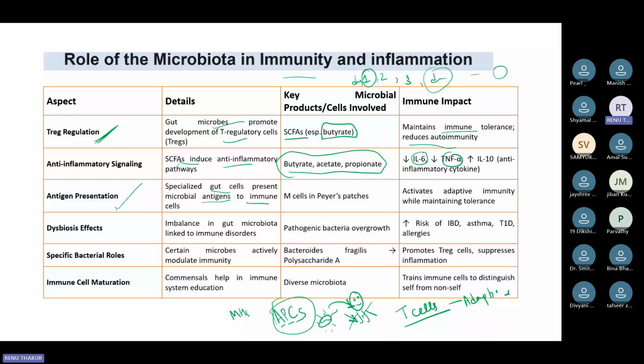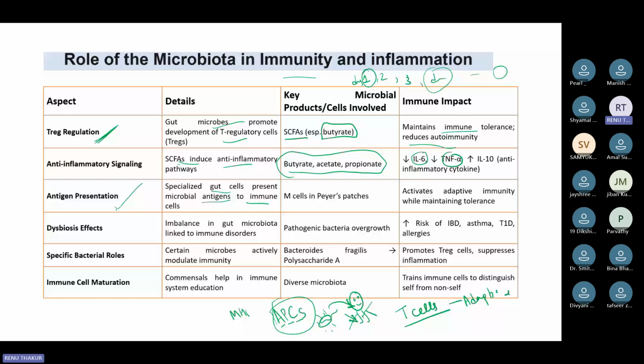Some pathogens adapt this mechanism. They somehow escape from the APCs, directly enter our body, and cause many inflammatory responses.